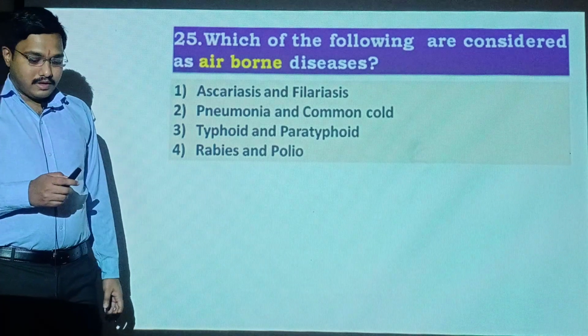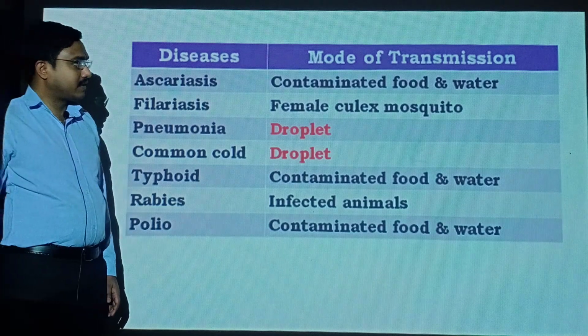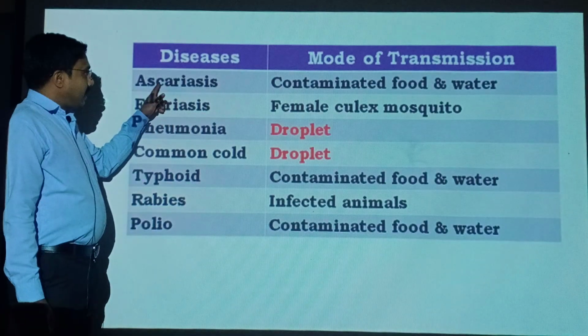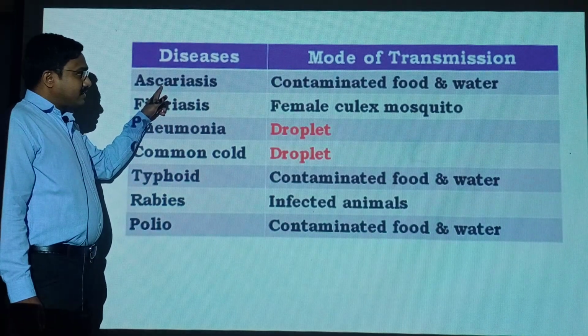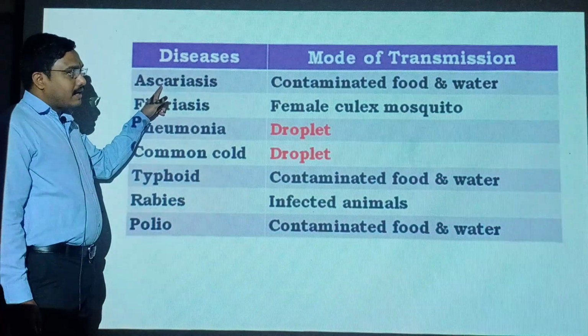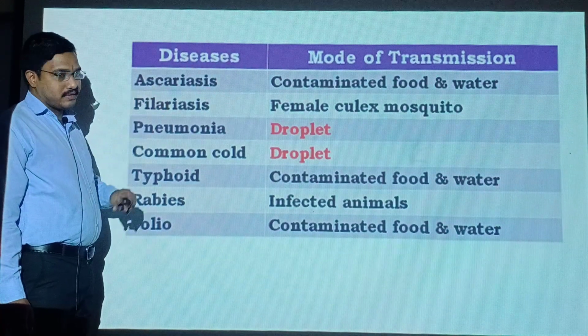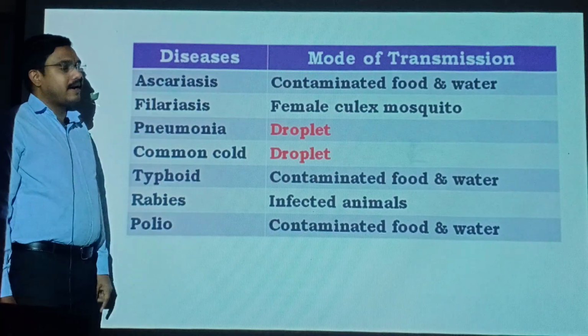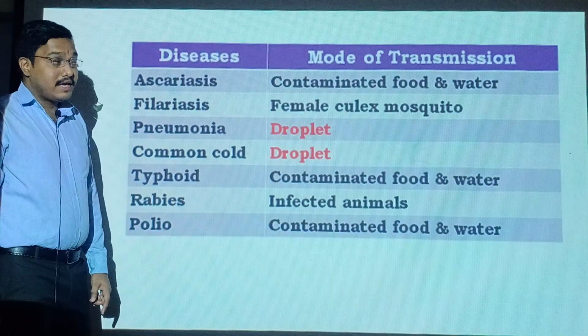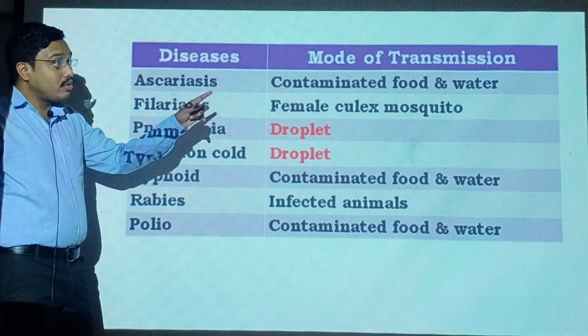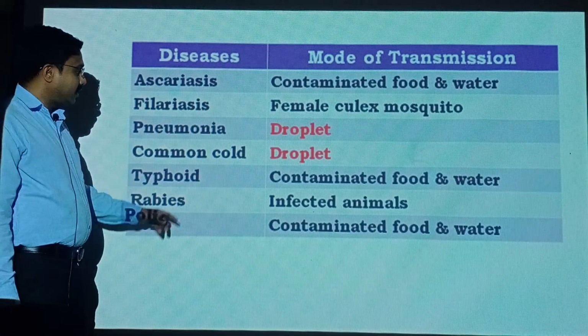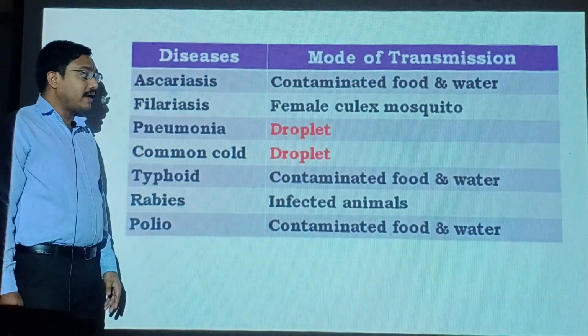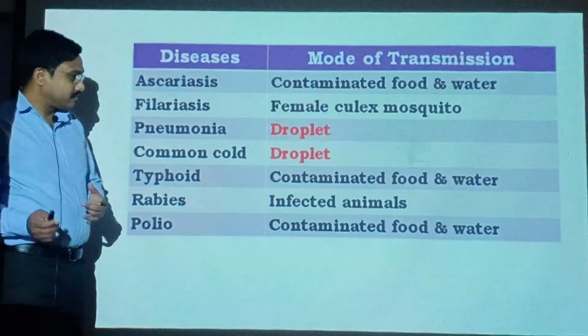Now look at here. Ascariasis is by contaminated food and water. Filariasis is by the bite of an infected female Culex mosquito. Pneumonia is by droplet method.